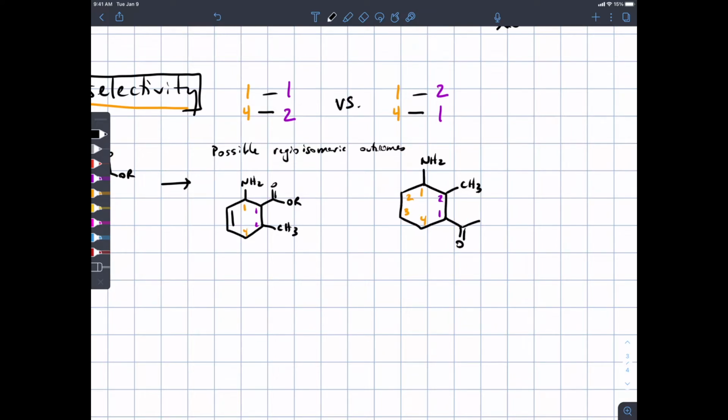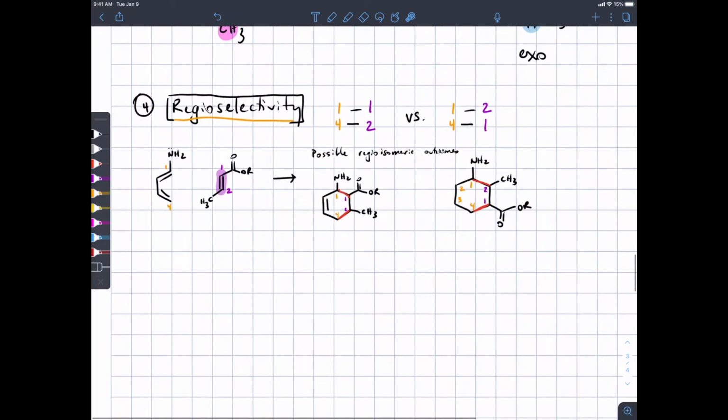Do you see how these two options, these two different connectivities, related to the two sigma bonds that we make? Do you see how those lead to different products? Do you see how their connectivity is different? Isomers that differ in connectivity are called regioisomers. So we have these two regioisomeric possibilities.